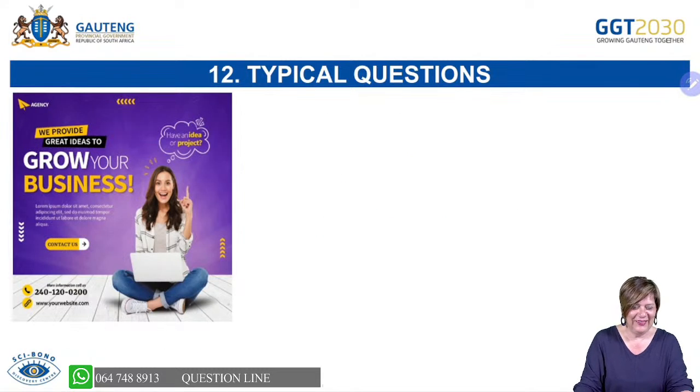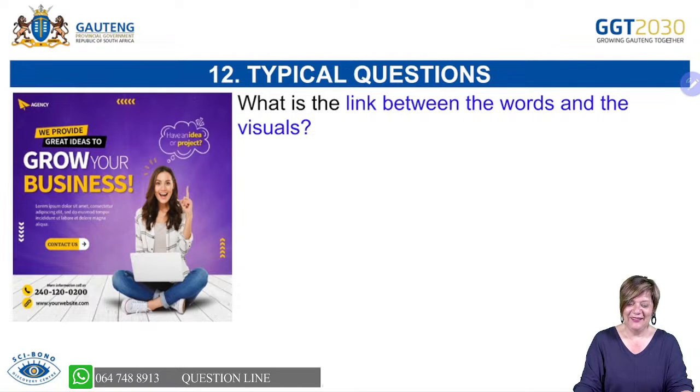Here's some more. Here we have "grow your business." Let's see. In this case, after you've recognized the persuasive words and the visuals, you need to find the link between them. In other words, how do they fit together? Now, in this case, it says, "we provide great ideas."